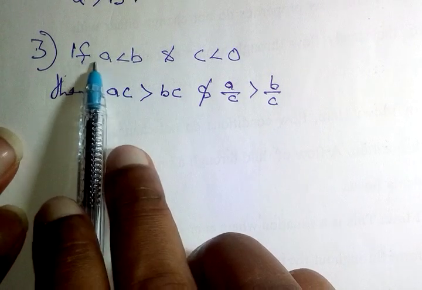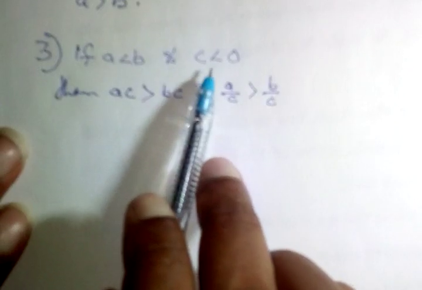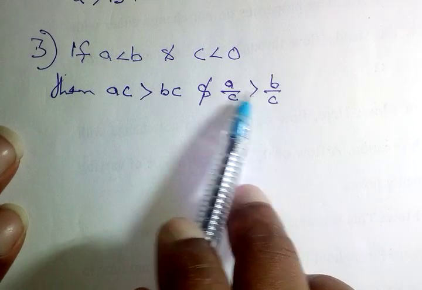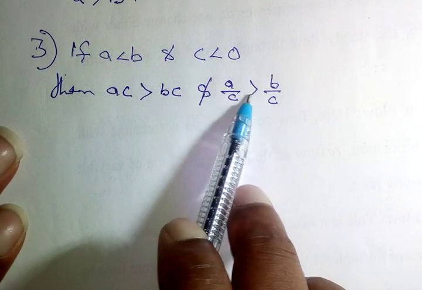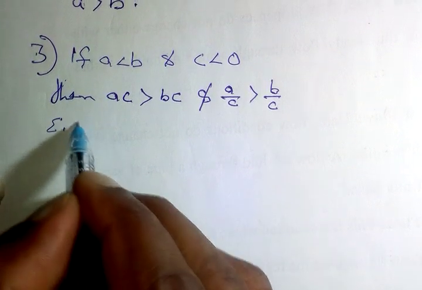And when you are dividing both sides by constant C, where C is a negative number, the inequality sign also changes. Okay, the inequality sign changes.